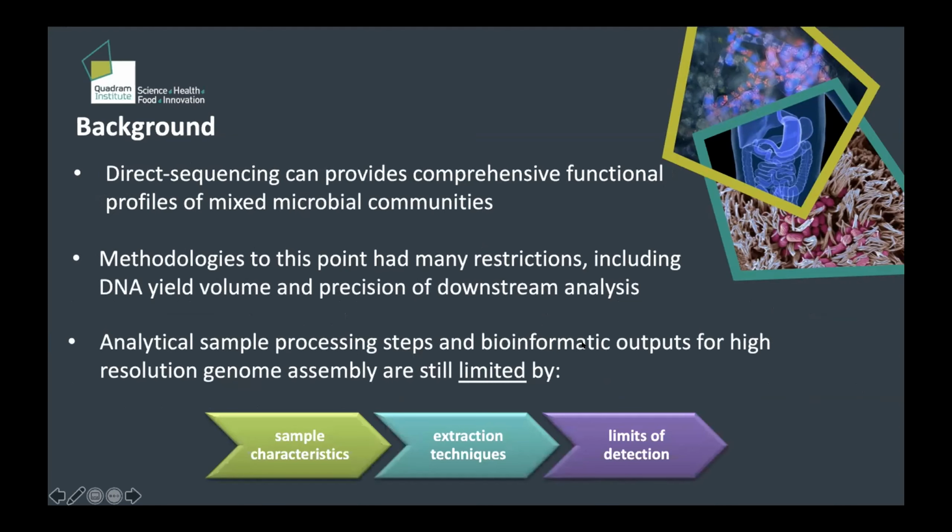Furthermore, the need to preserve information about Campylobacter epidemiology can be achieved by direct sequencing. However, methodologies to this point had many restrictions, including DNA yield volume and precision of downstream analysis.